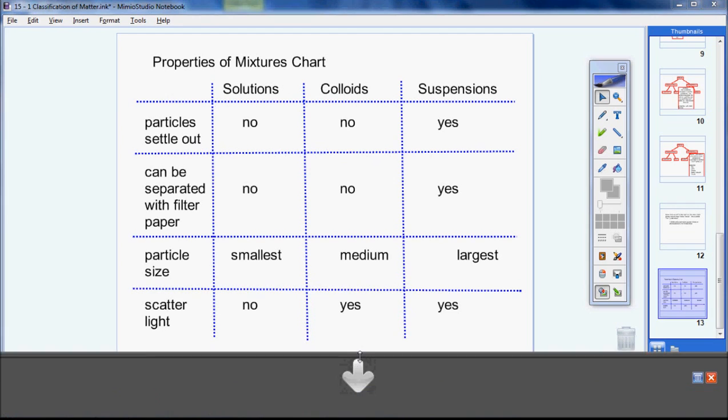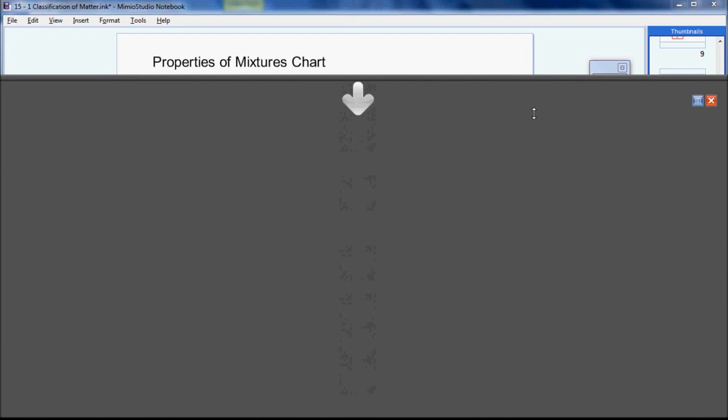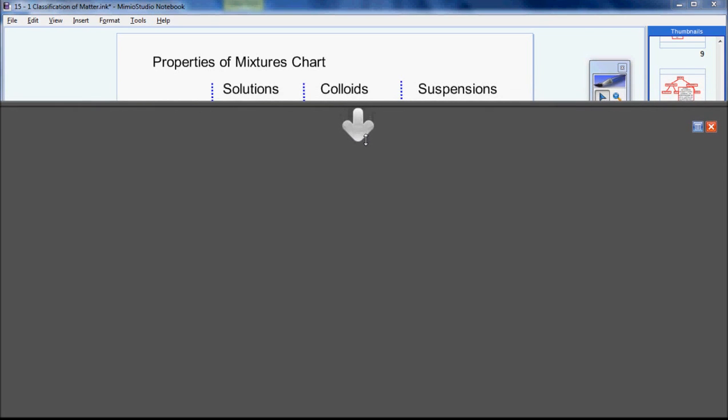Alright, so I have broken this down into a chart for you so that you can get some of the important qualities of the different types of mixtures as a summary, so that when you're studying it'll be a little bit easier for you to put these ideas and things together. So we're going to break it down into solutions, colloids, and suspensions.